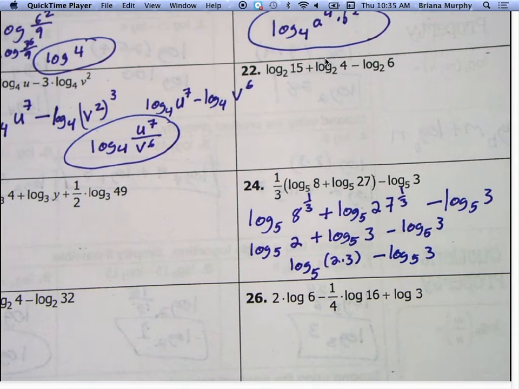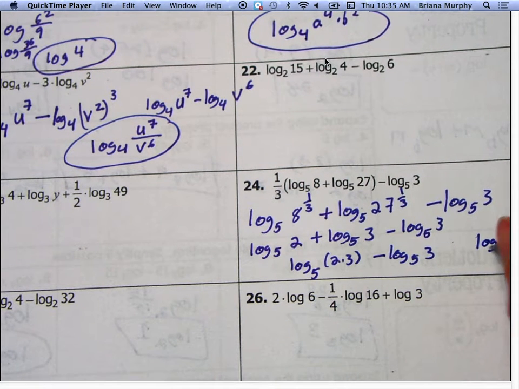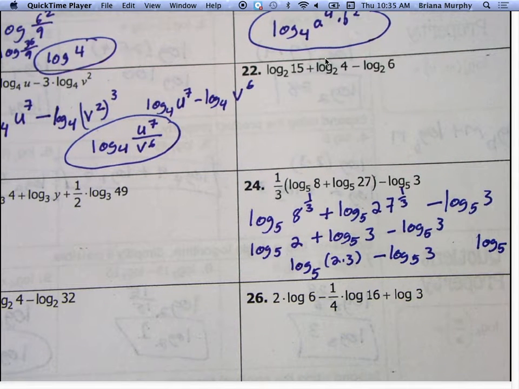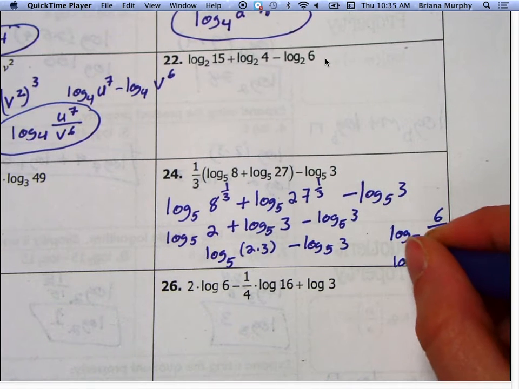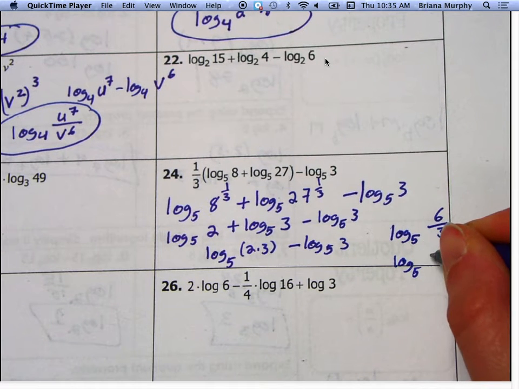And you could have done these together all at once if you wanted to. 2 times 3 is 6. So I'm just going to put that in. Log base 5 of 6 over 3, which gives me log base 5 of 2.